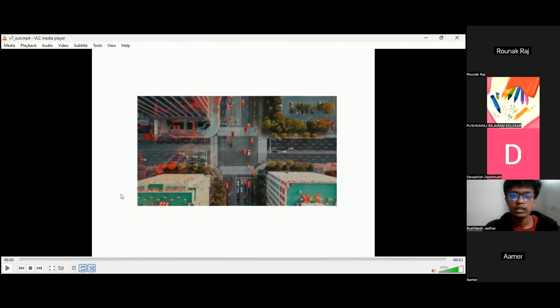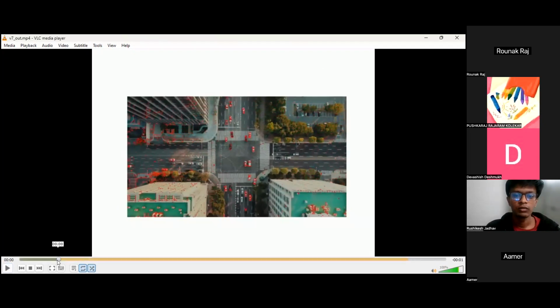So here we can see, if we take frame by frame, we can see the displacements of all the cars, and almost each car is tracked pretty perfectly.